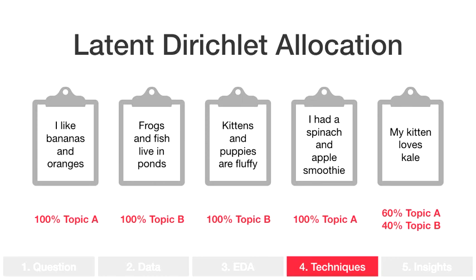That's the latent part. Dirichlet is all about probability distributions. This document is a mix of topic A and topic B, or a fancy way to think of that is this document contains a probability distribution of topics.